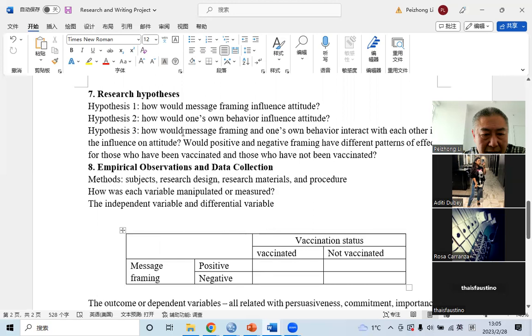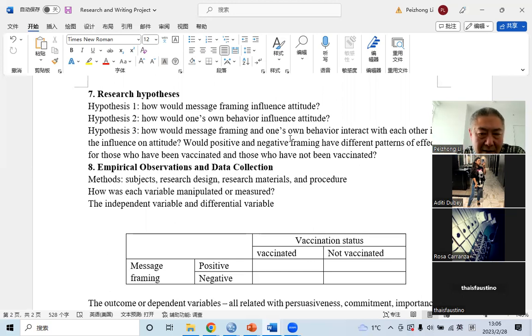The last hypothesis is the most complex: the effectiveness of the framing will be different between people who have received vaccination and people who have not. For people who have already received vaccination, it doesn't matter how you frame the message of flu shots.